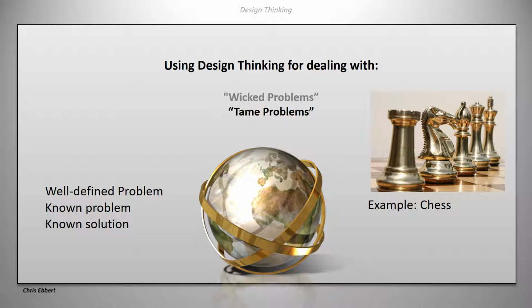In contrast, a tame problem would be chess. There are rules. Yes, there are many ways of playing chess, and you can have all these different maneuvers, but still, it is all perfectly well defined. The problem is known, and we know what to do. So, playing chess or solving a mathematical formula, that is a very tame problem that you can learn.